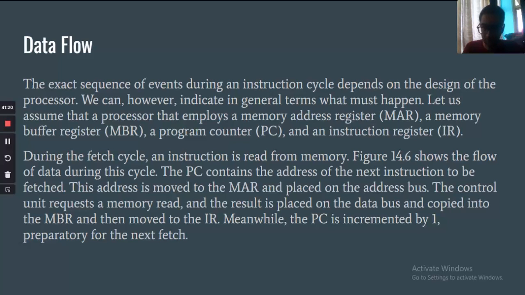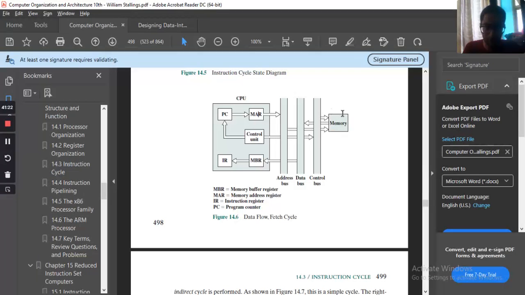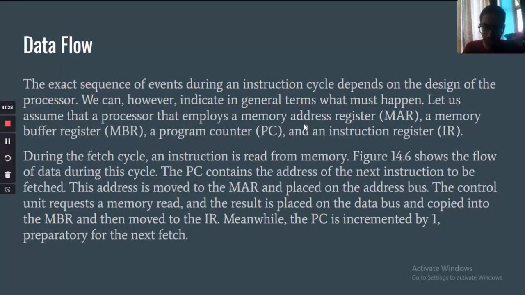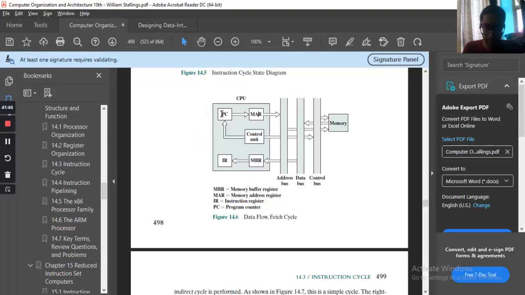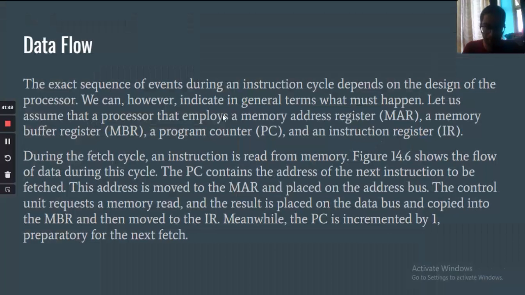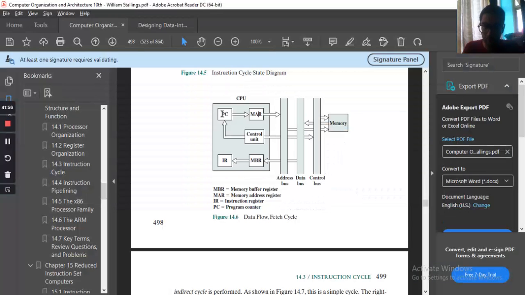Figure 14.6 shows the flow of data during this cycle. The PC contains the address of the next instruction to be fetched. This address is moved to the memory address register and placed on the address bus.